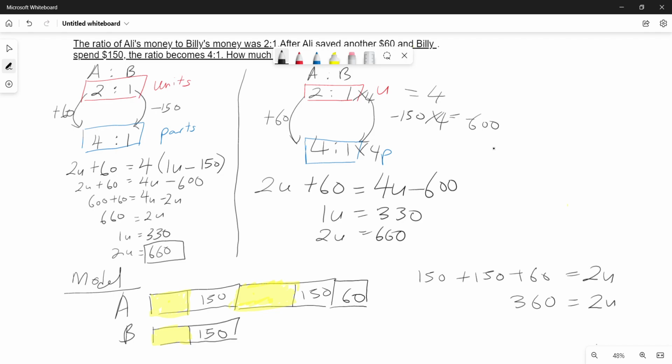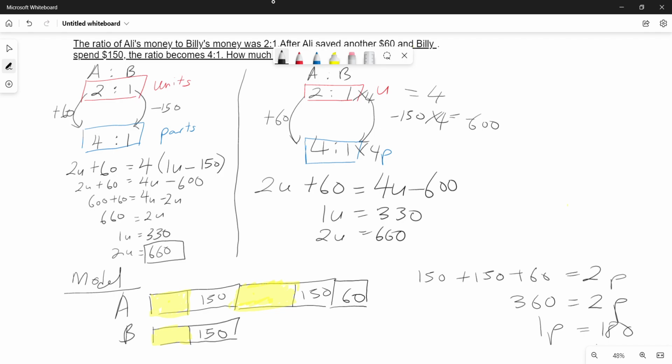Okay, and actually I shouldn't use unit, I should use parts, because after I cut it up, this yellow actually represents parts, so that people don't get confused. Okay, so I'm just going to change. So this is parts, and this is parts. So one part is 180.